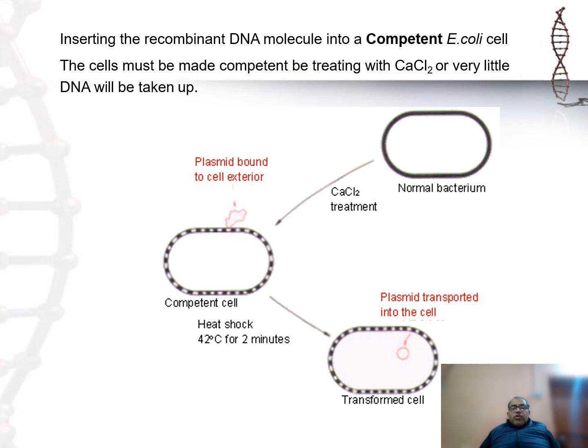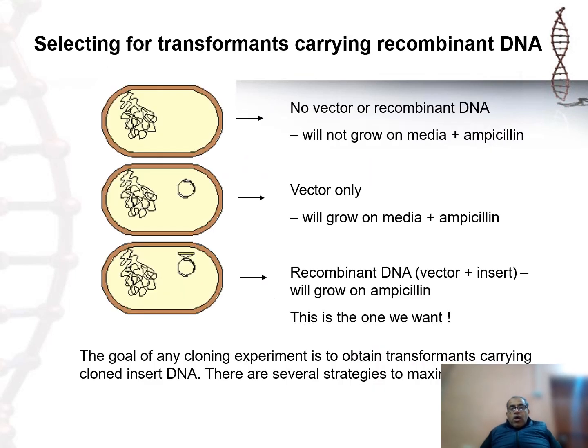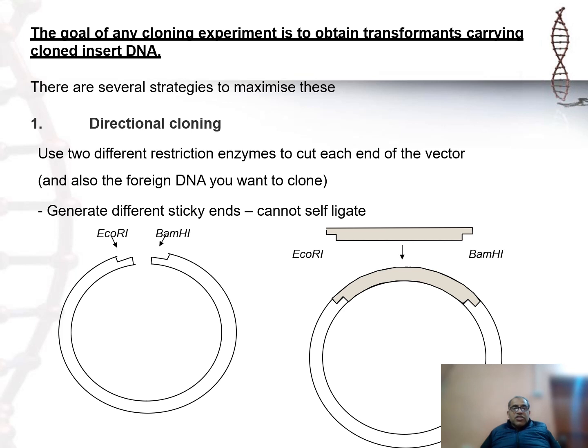Calcium chloride treatment produces small pores, and this makes the bacterial cell wall permeable, and then the foreign plasmid could be introduced into the bacterial cell. Selection of transformants, as we discussed, uses, for example, antibiotic resistance genes for selection of those plasmids.